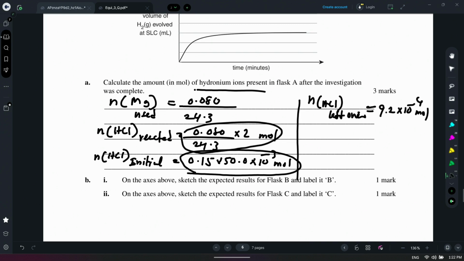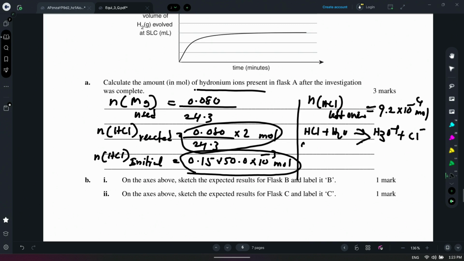Okay, that's the number of moles of HCl. Now the question is asking you for hydronium. When HCl reacts with water, you produce H3O+ and Cl-. There's no double arrow there. It's a single arrow. That's a strong acid, so it goes to completion.